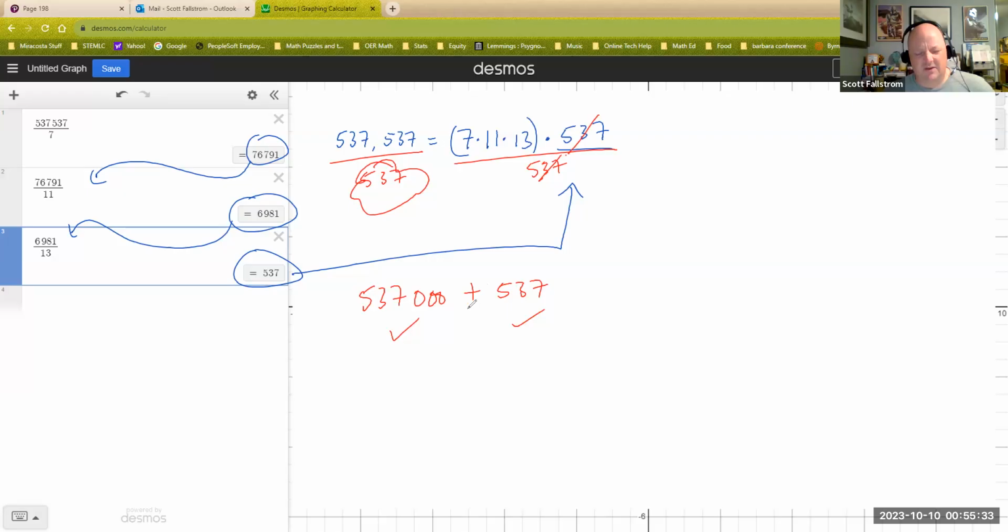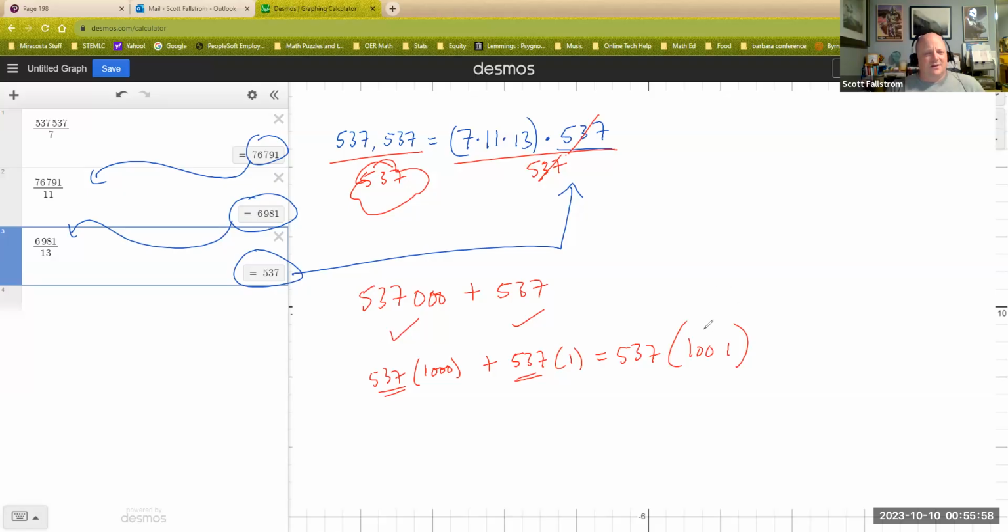So it does go in evenly. And this right here would be 537 times 1,000. And this would be 537 times 1. So if you're grouping all those 537s together, this is the same thing as 1,001.